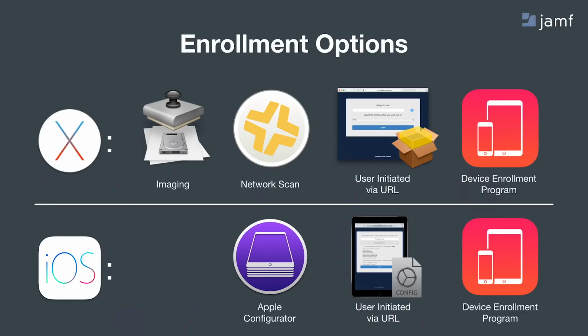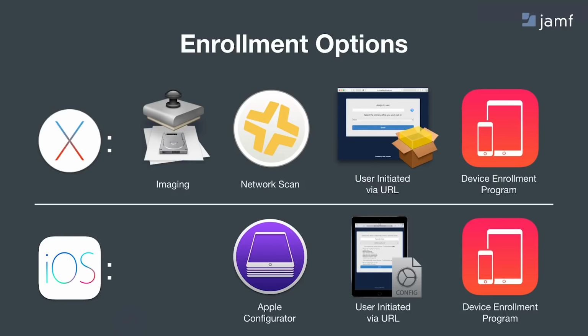So when you look at the different enrollment options that are available today for both macOS and iOS, here's sort of the landscape, if you will. On the Mac side of things, you can do imaging. It is something that is very time consuming, however, and can take a while to build up your images and to maintain them and to deploy them properly.